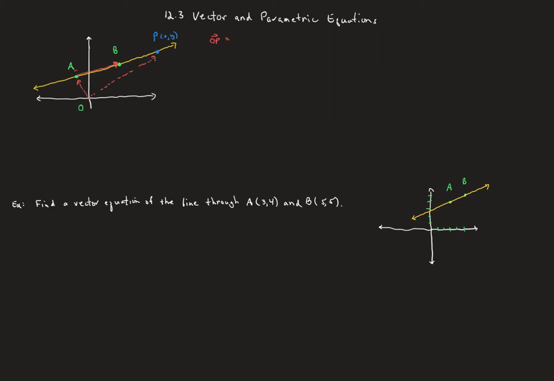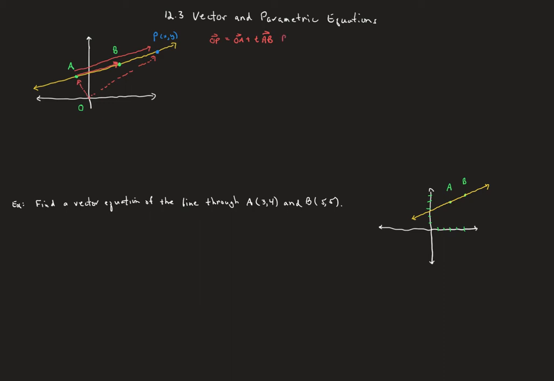So in this case, our value of t that we're going to multiply this by would have to stretch it out that much there. That is, we're going to say that to get to this vector OP, or this point P, we can kind of flow between those. We're going to take the vector OA plus some multiple of vector AB.